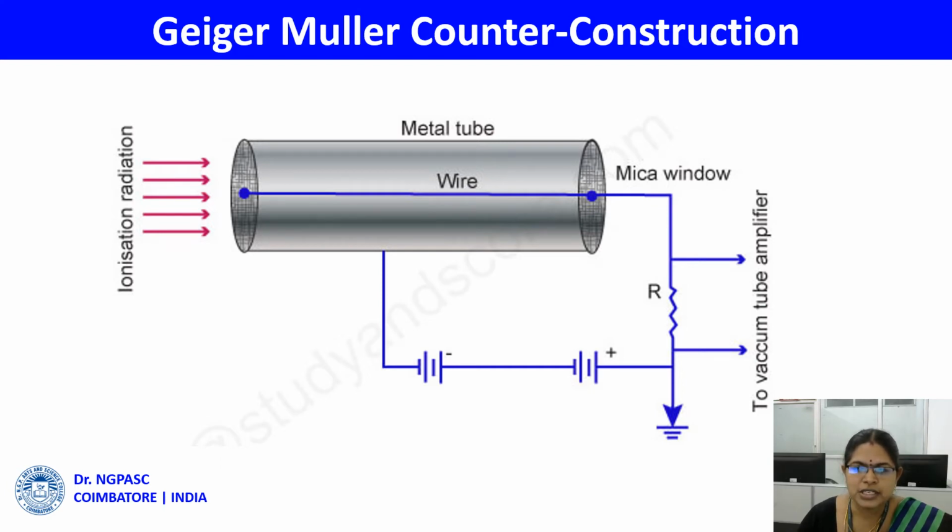Now the fine tungsten wire is connected to the positive terminal of a high tension battery through resistance R, and the negative terminal is connected to the metal tube. The direct current voltage is kept slightly less than that which would cause a discharge between the electrodes. At one end of the tube, a thin mica window is arranged. The ionization radiation that is kept for analysis is sent through this mica window.